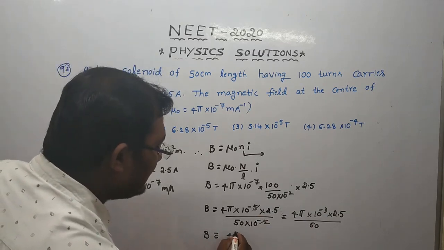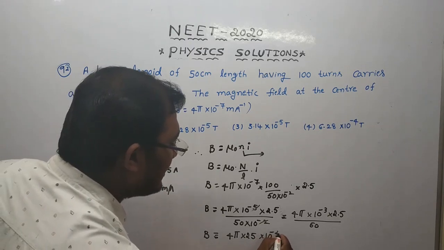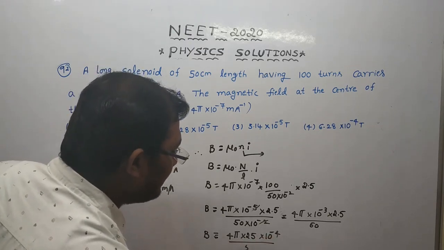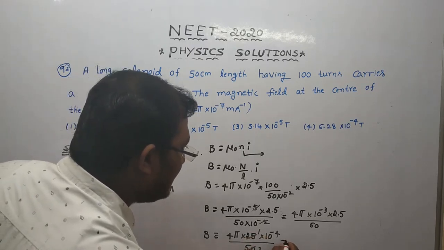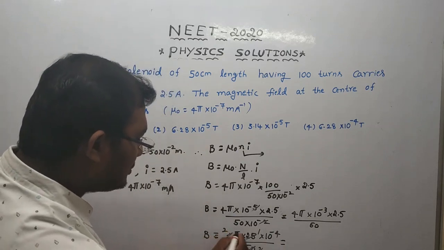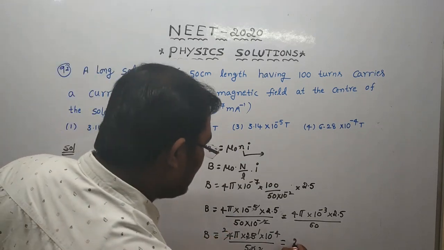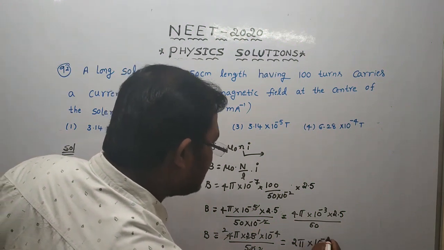Therefore, pi into 25 into 10 power minus 4 by 50, 25 ones are 25, 25 twos are 50, that equals 2 ones are 2, 2 twos are 4. Therefore, 2 pi into 10 power minus 4.